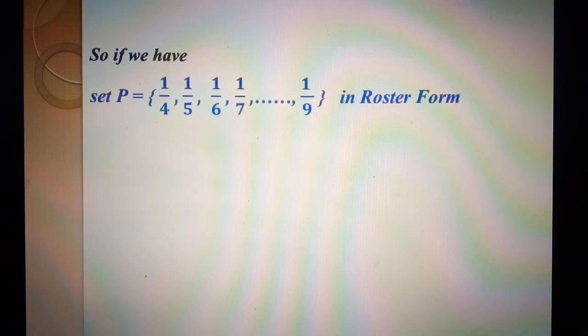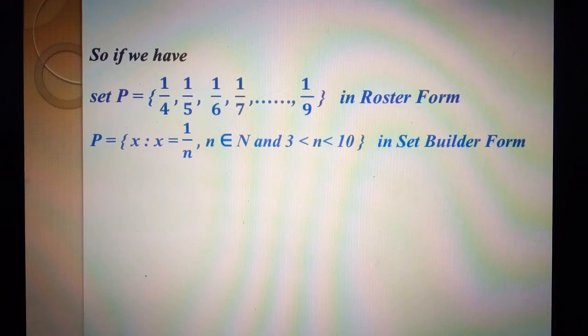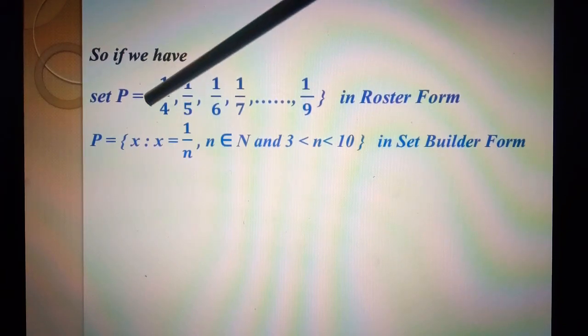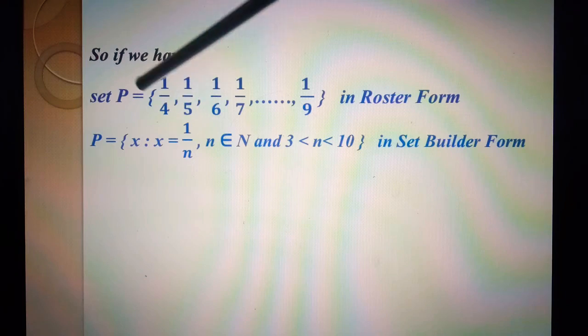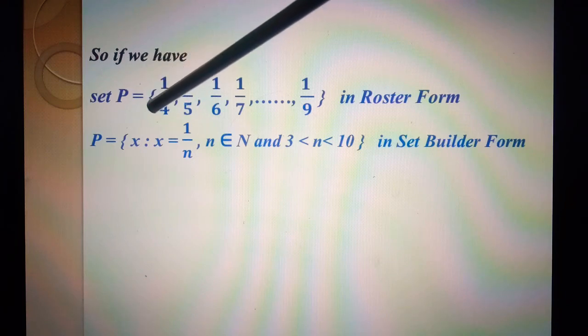So if we have a set P which has elements like 1 by 4, 1 by 5, 1 by 6, and so on till 1 by 9 in the roster form, then if we want to write it in the set builder form, we need to observe that these are unit fractions, all the numerators are 1, and the denominators are natural numbers starting from 4 going up to 9.